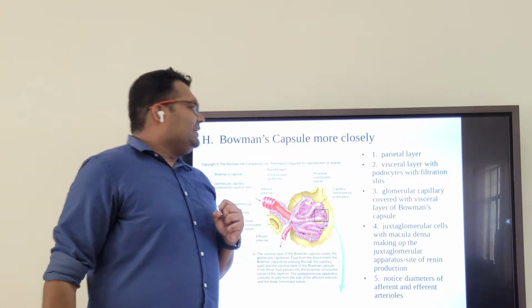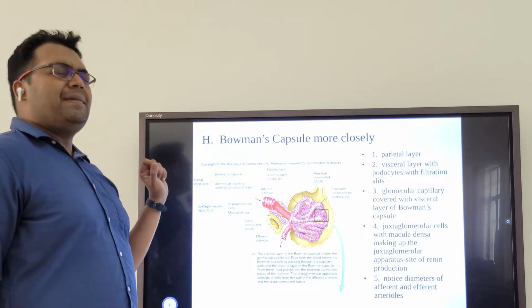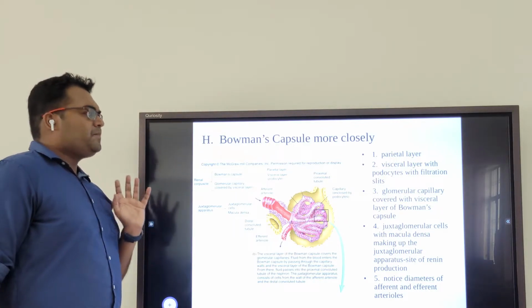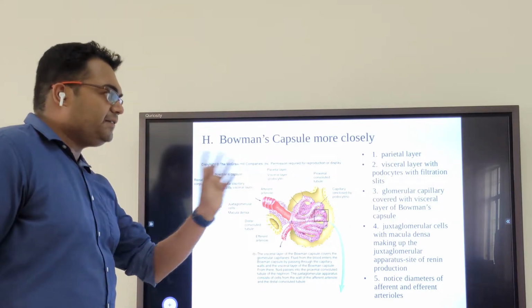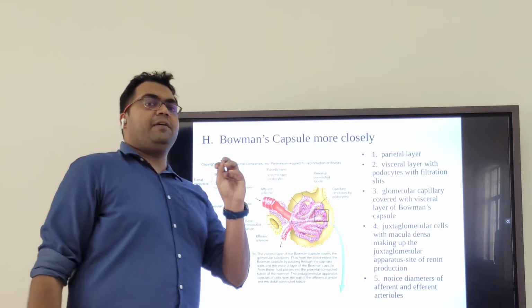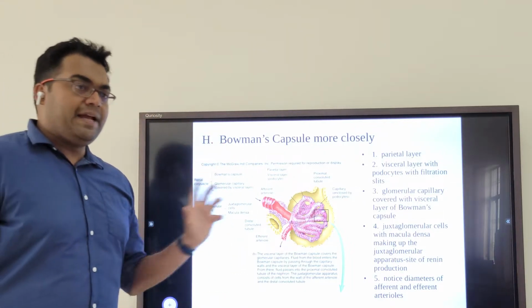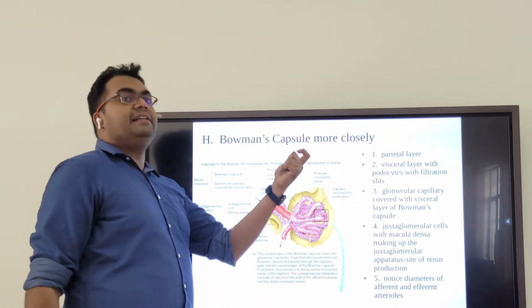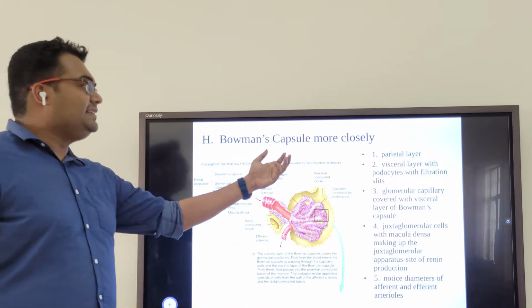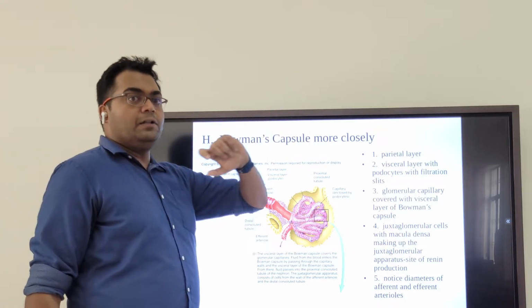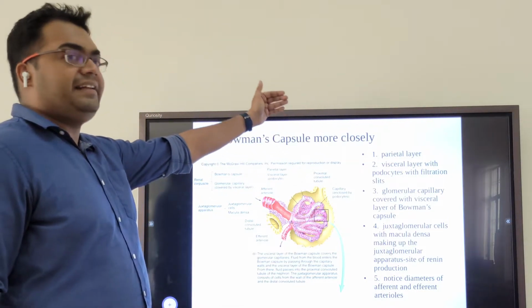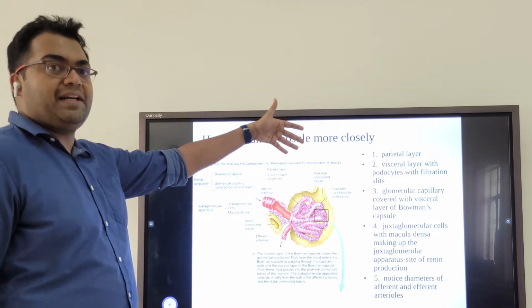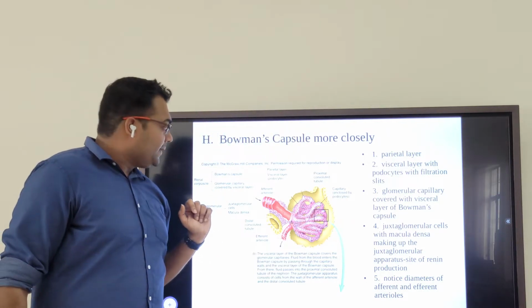Now, mesangial cells have multiple functions. Mesangial cells can control GFR. They also have receptors for angiotensin 2, which will make them contract and decrease GFR. If they relax, GFR is increased. They are also receptive to atrial natriuretic factor or peptide secreted by the atrial wall of the heart.